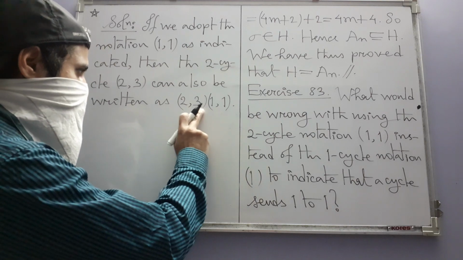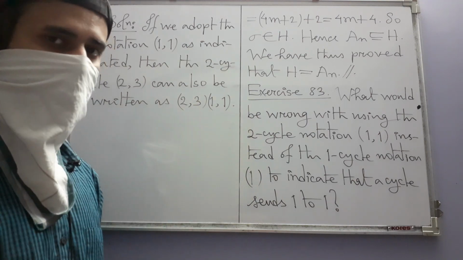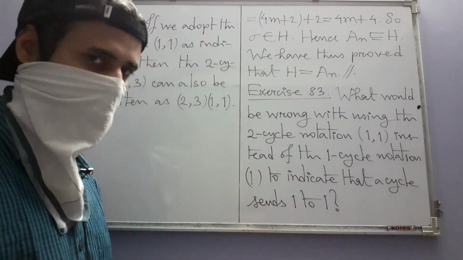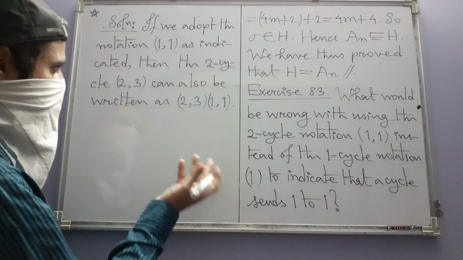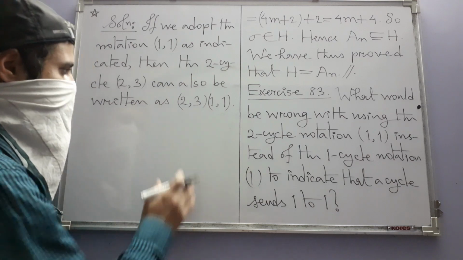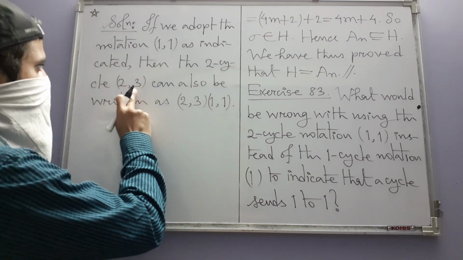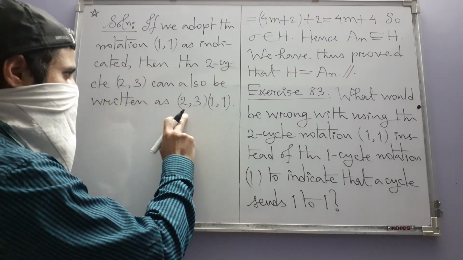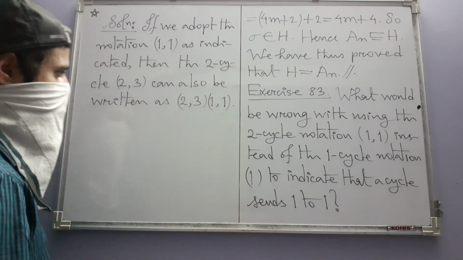The image of 2 is 3, that of 3 is 2, and that of 1 is 1. And if anything else is available, the image of that thing is itself under this function. But now you see that by the definition of evenness and hence oddness of a permutation, this permutation is odd because it's a single 2 cycle, but at the same time it is also even because it's a product of 2 transpositions.